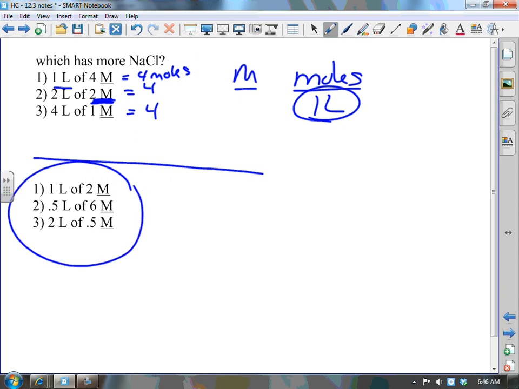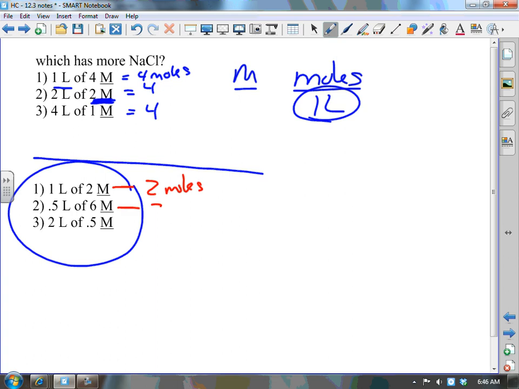Now, if you come down here to these 3, we've got 1 liter of 2 molar, half a liter of 6 molar, and 2 liters of half a molar. Well, the first one, I got 1 liter of 2 molar, I got 2 moles. Half a liter of 6 molar. 6 molar means there's 6 moles for every liter.